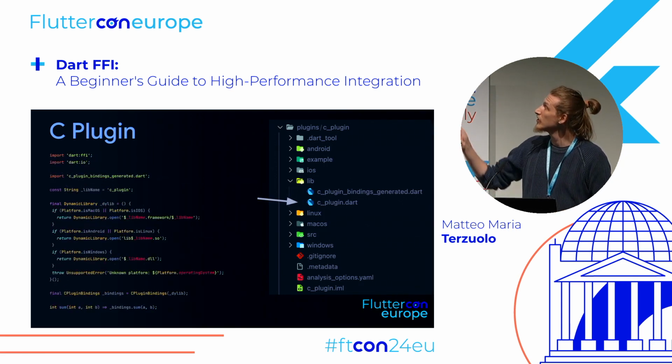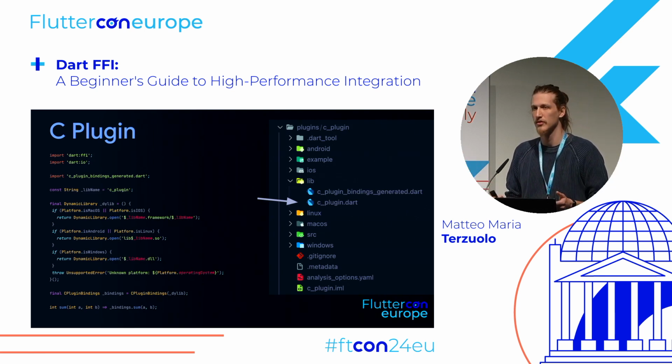They also already put there the switching between the different library names that are going to be created for the different platforms. Because on Android and Linux, we have a .so file. On Windows, we have a DLL, and so on.